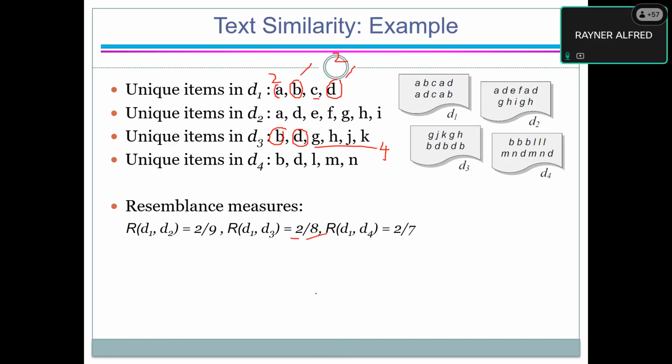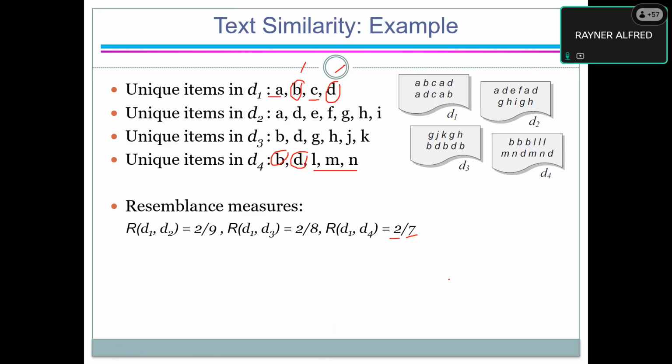That's why we get 2/4 here. For D1 and D4, we have 2 in common, and the unique terms will be 3 plus 1 plus 1, 5, plus 2, so 7.